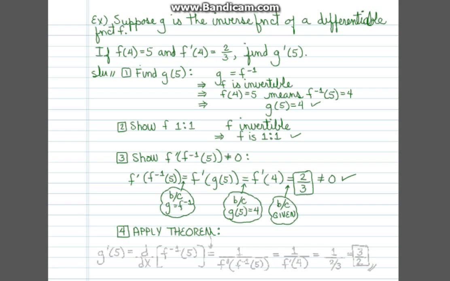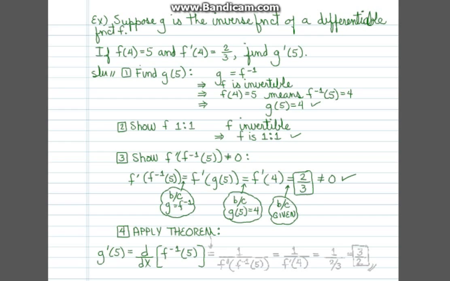Okay, so what we're asked to find at the beginning was g prime of 5. G prime of 5, according to the definition of g prime, is equal to the derivative with respect to x of f inverse of 5. Now I'm just using the definition where they told us at the very beginning, suppose g is the inverse function of f.